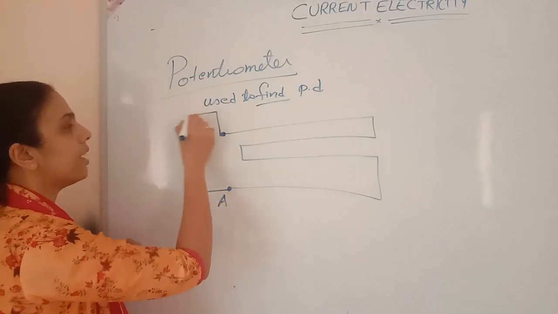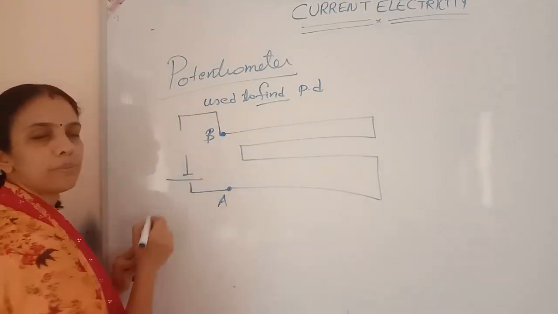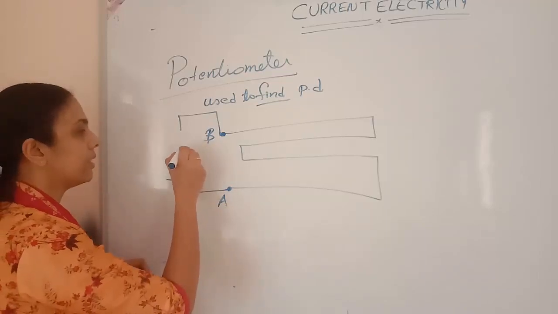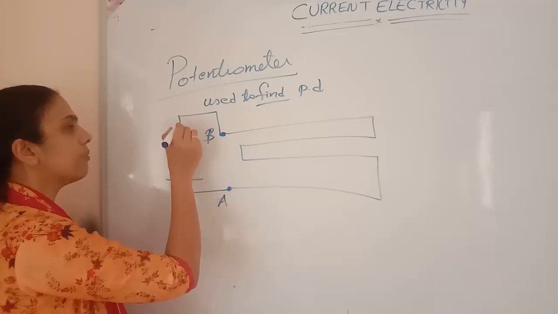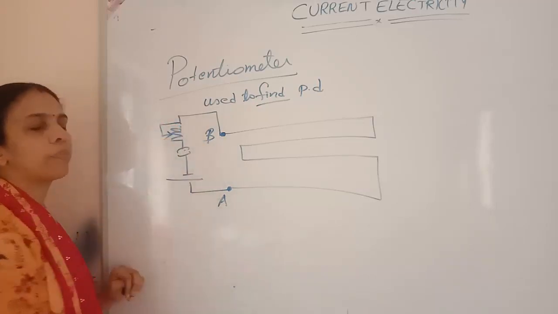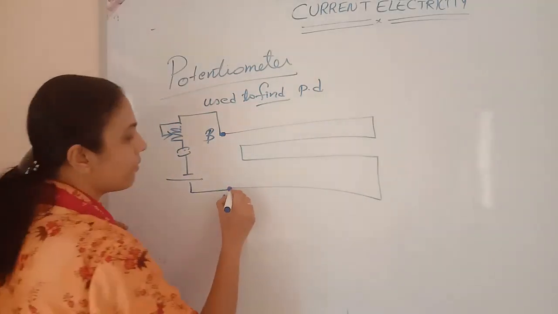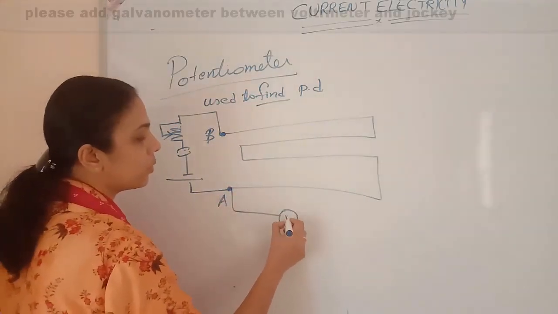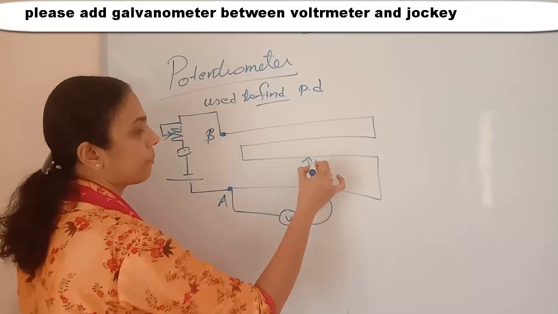In this, first we will be connecting a cell, a key, and then a rheostat. Rheostat is a variable resistor. Okay, so this is how it will be connected. And from here we will be connecting a voltmeter, and it will be connected to a jockey.